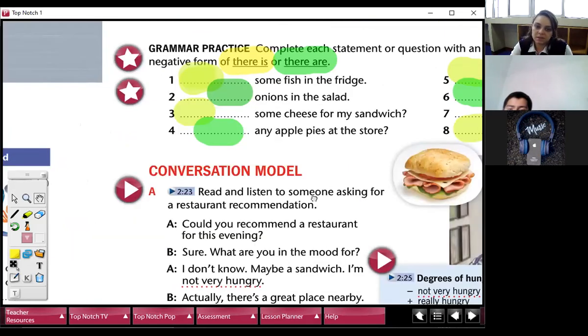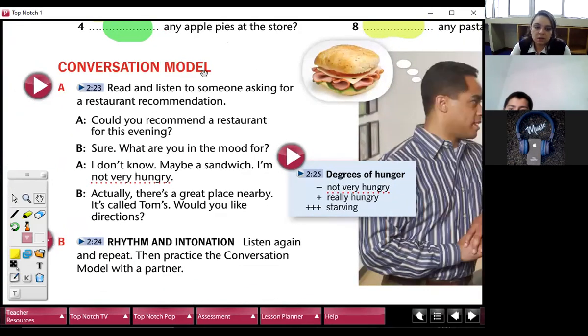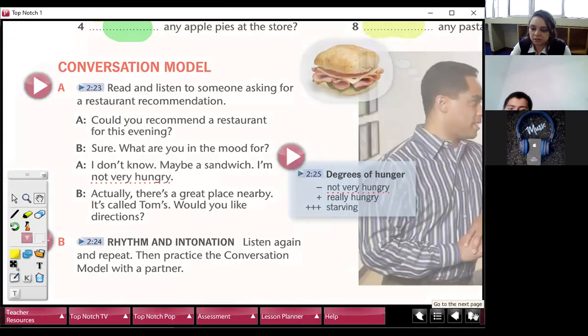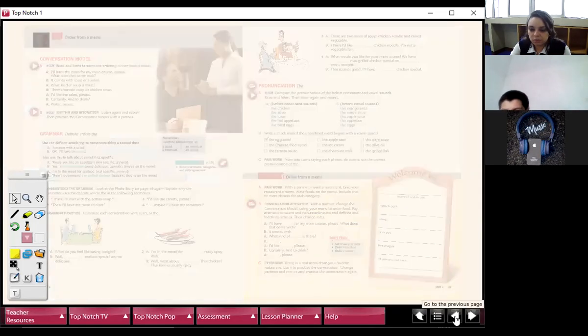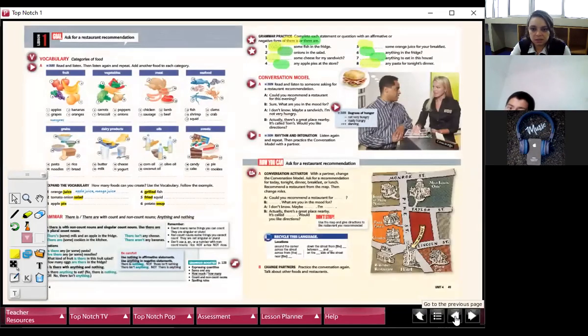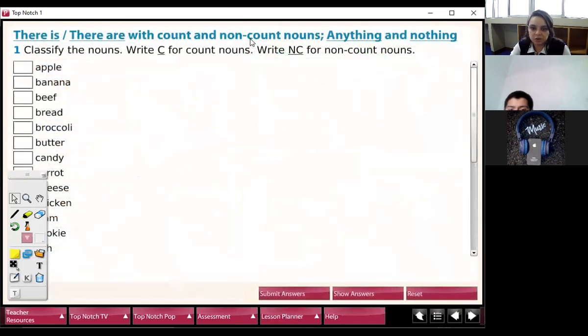Okay, let me see. So let's change the page. Let's go to the other page. Right now, one more thing. Here we have extra work with this one. There is, there are with count and non-count nouns. Anything and nothing.